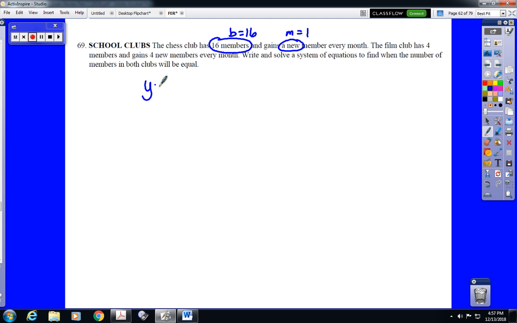So that would be y equals 1x plus 16. Now we're going to do the exact same thing for the film club. Okay, it has 4 members, which means that the intercept is 4. And it is gaining 4 new members, so m equals 4 as well. So that would be y equals 4x plus 4.